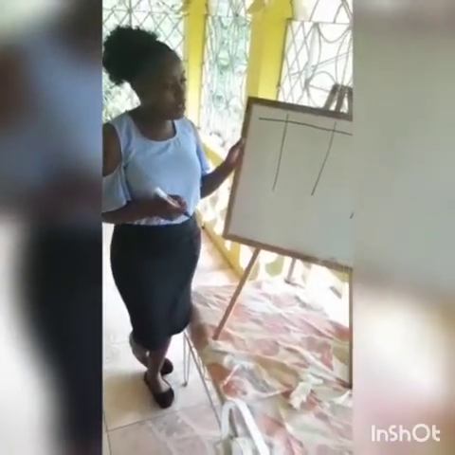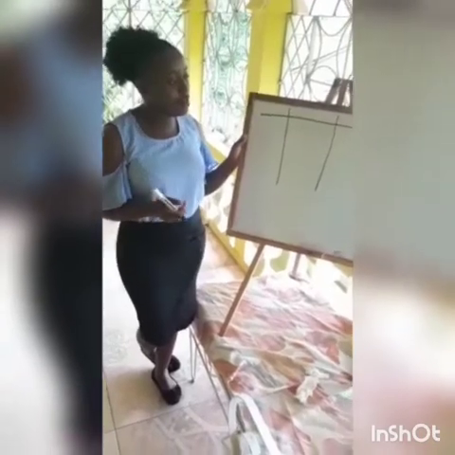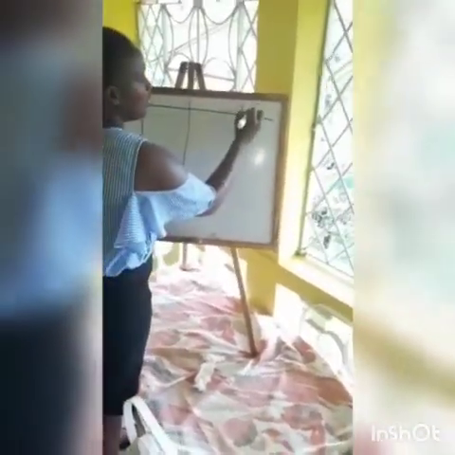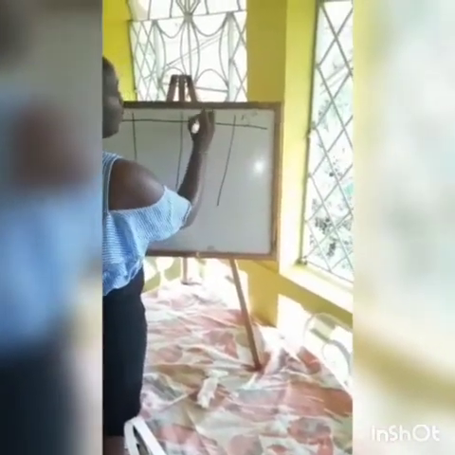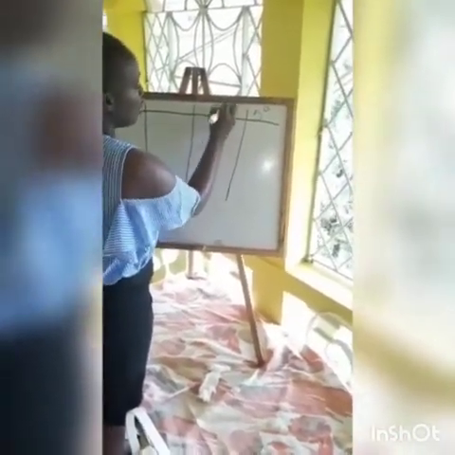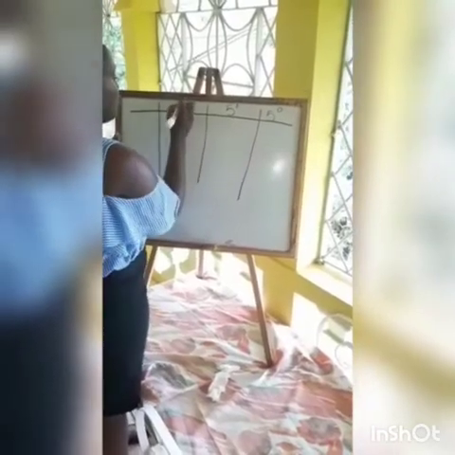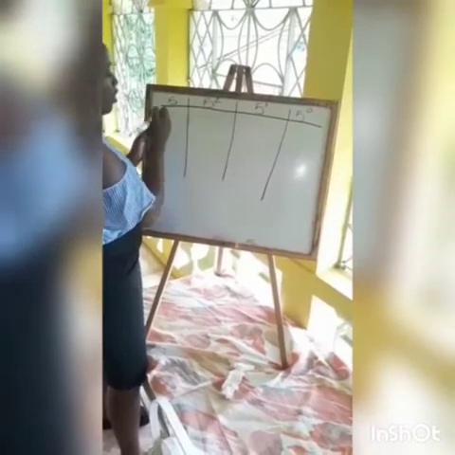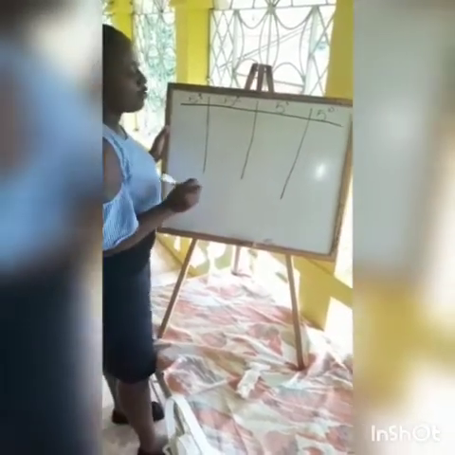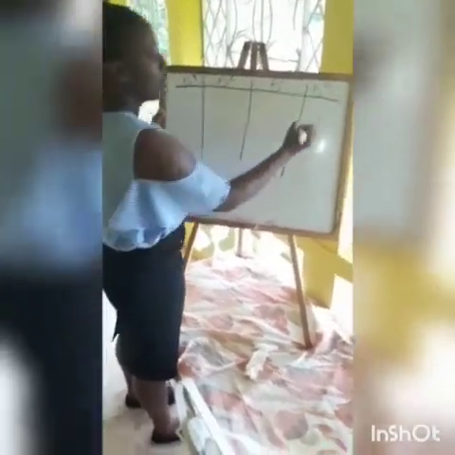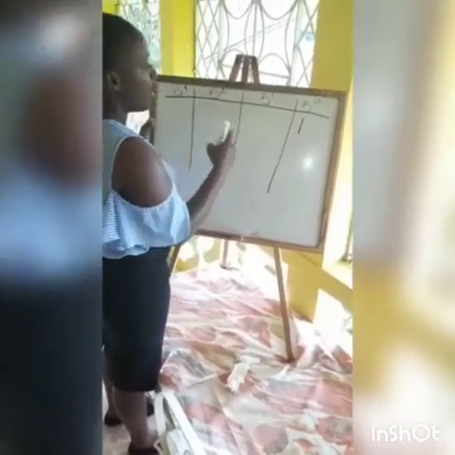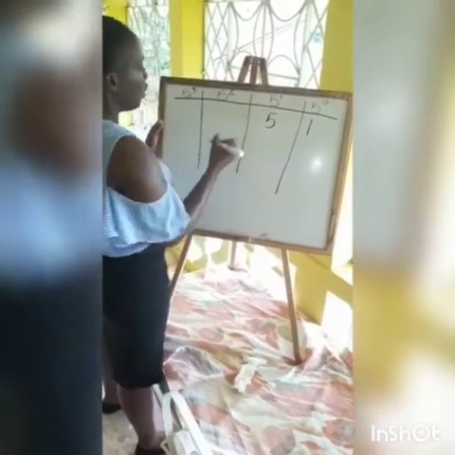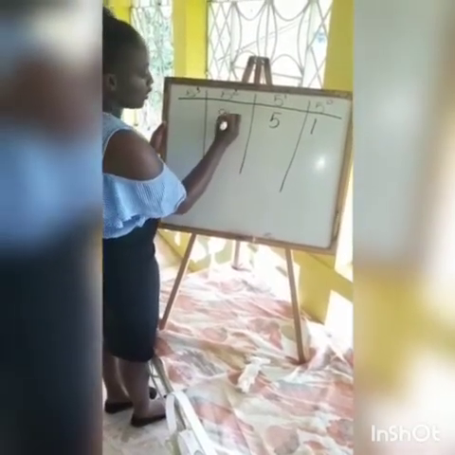Now I'll be showing you a placement value chart of the base 5 numeral system. It starts with 5 raised to the power of 0, 5 raised to the power of 1, 5 raised to the power of 2, and 5 raised to the power of 3. 5 raised to the power of 0 is equal to 1. 5 raised to the power of 1 is equal to 5. 5 raised to the power of 2 is equal to 25.